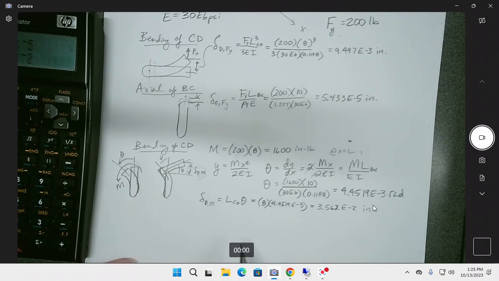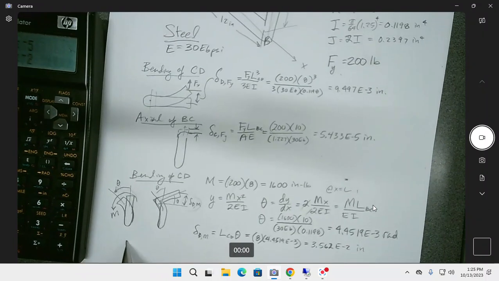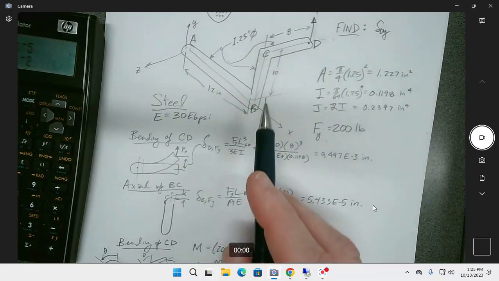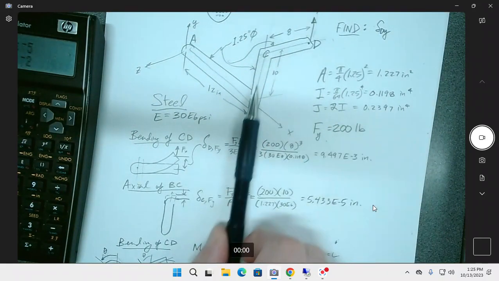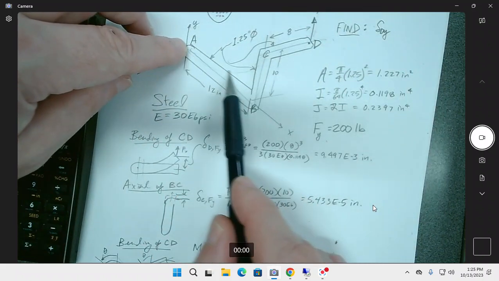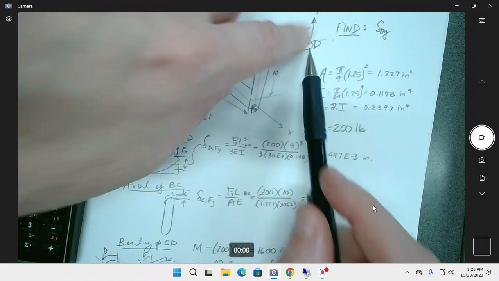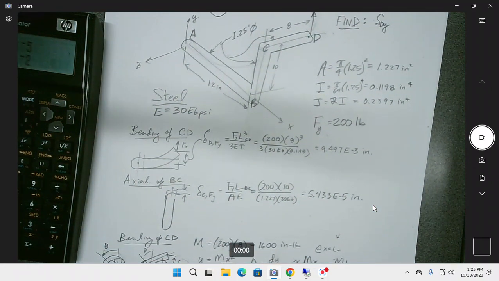All right. I think the next one we want to try to do is going to be the bending of AB. So this is going upwards, which is going to make this bend that way, upwards, which is going to move C, which is going to move D. We're okay with that?